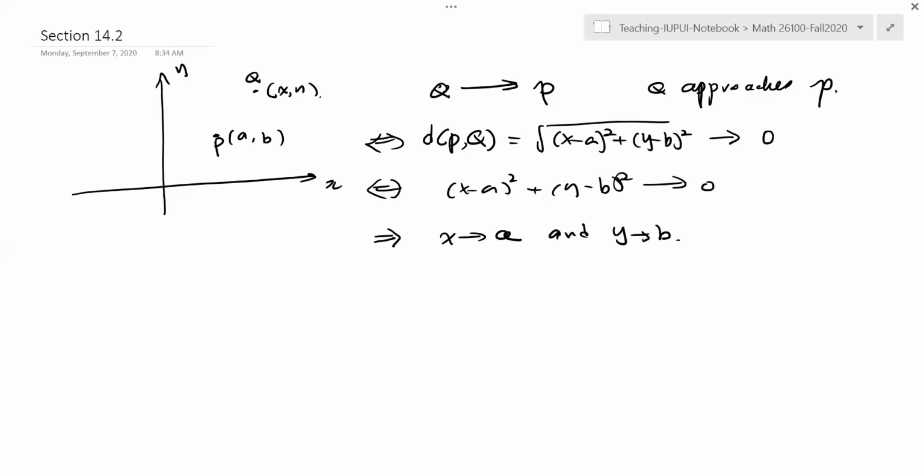If X approaches A and Y approaches B, then the corresponding point, how do you understand this? This is A, that's B, right? And that is X, that is Y. So if X approaches A and Y approaches B, the corresponding point Q approaches P, okay?